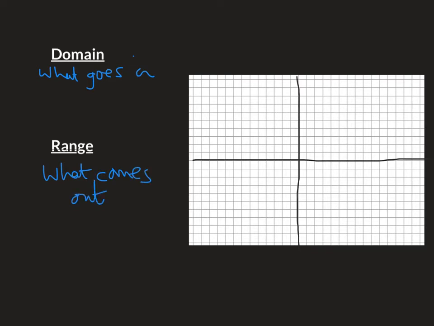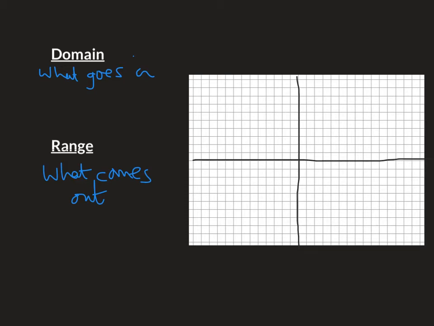So basically, when you've got a function, the domain is what goes in, and the range is what comes out. So domain is what can go into that function, and the range is what can come out of it.